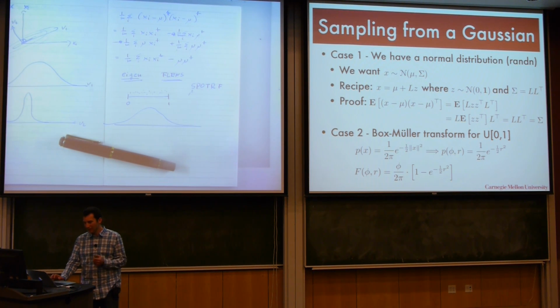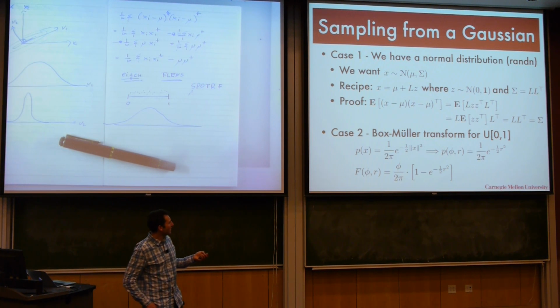Okay. Why am I allowed to switch the expectations here? Does anybody have a suggestion? Why may I do this? Yes. So basically, expectations of a linear function mean that I can take the linear function of the expectations.